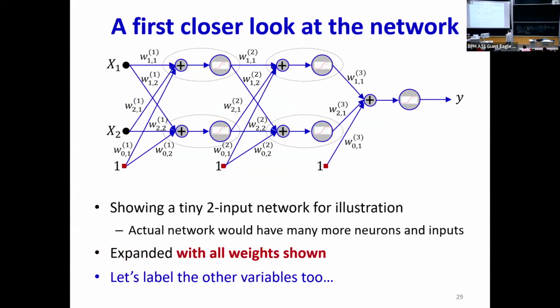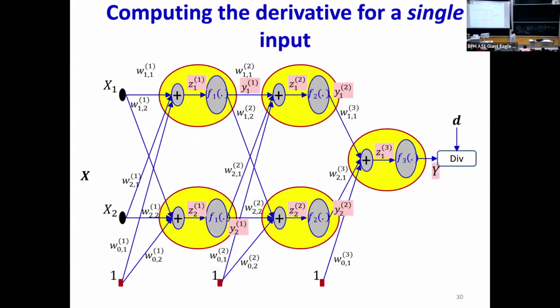And then here are all the parameters using the notation that I had earlier, except that instead of having a bias, I just have an extra input that's pegged to 1. And let's also label the other variables. So again, the superscript represents the layer, and the subscript represents the neuron index. So Z1 superscript 1 is the affine value Z for the first neuron of the first layer.